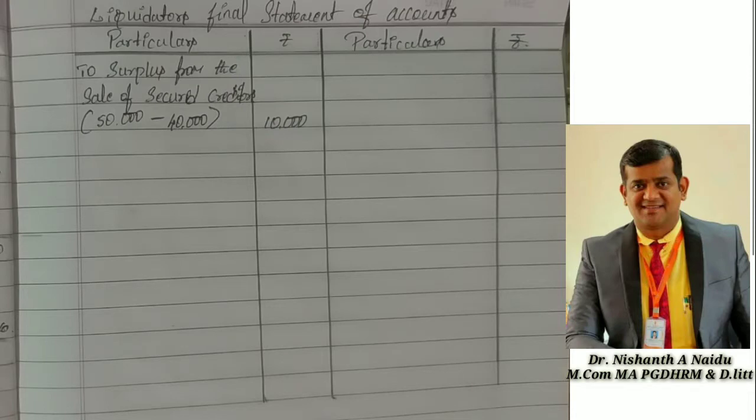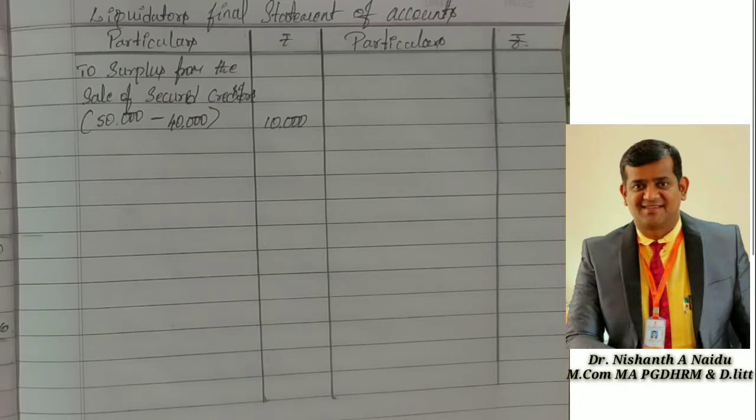The various assets excluding the securities in the hands of secured creditors realized at rupees 52,000. See, the various assets, in the bracket he specified, excludes the securities in the hands of secured creditors.